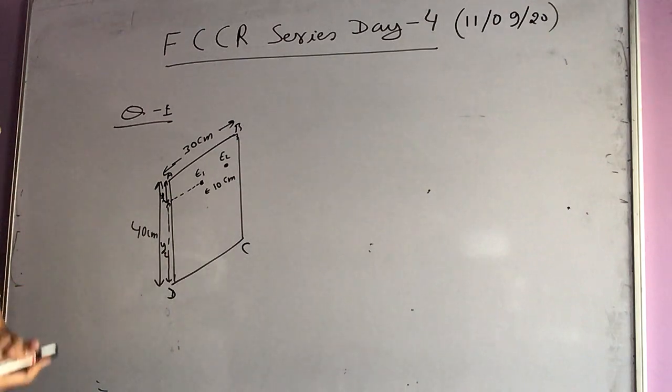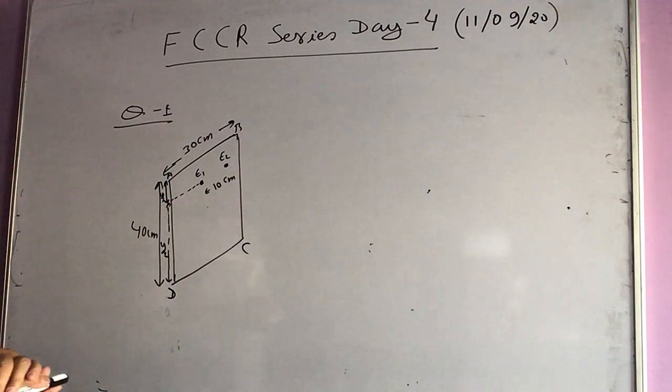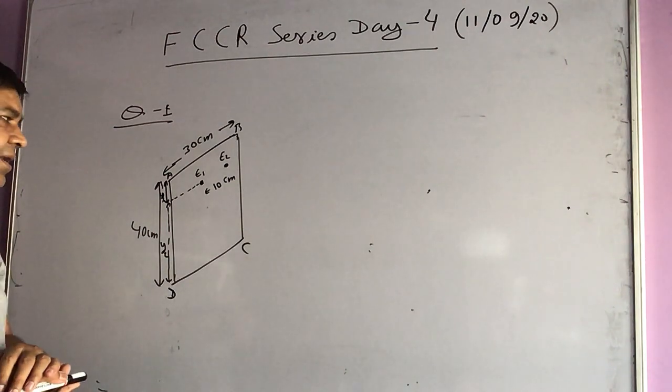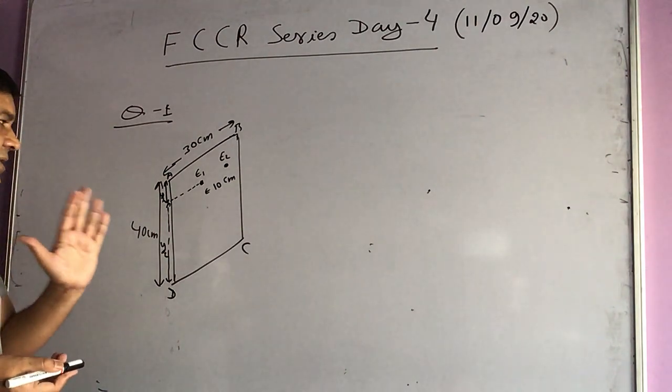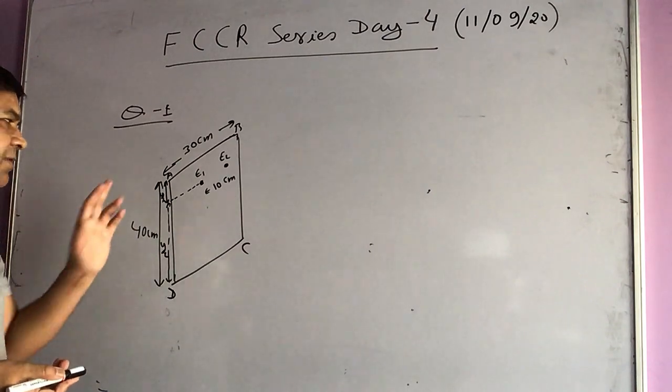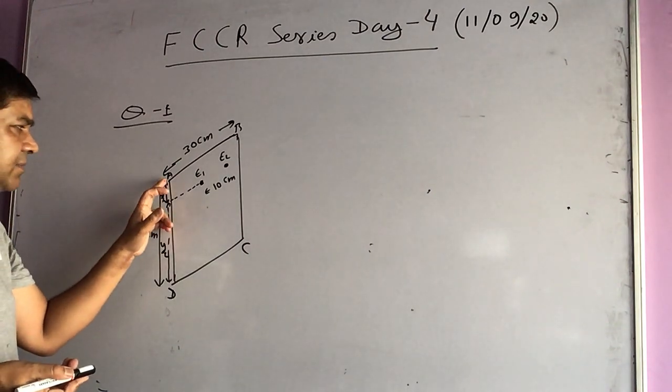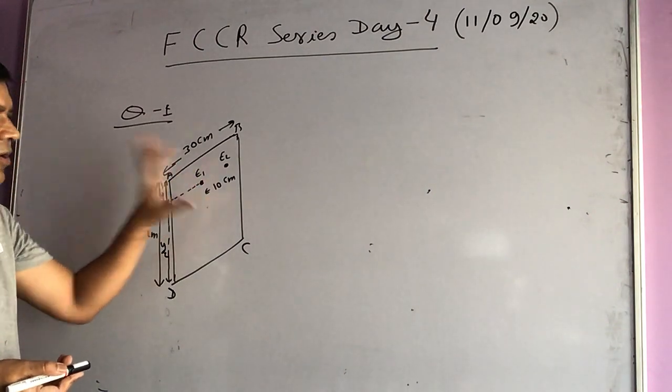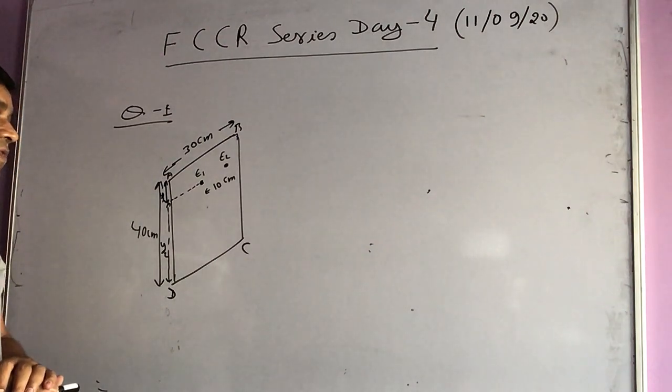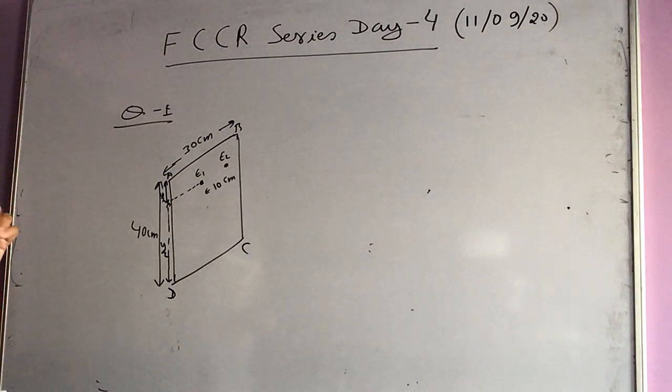If I want to see the image of A, one thing is clear: the height of the mirror that will be required will be the same whether the image of A is seen by E1 or E2, but the width is going to be different. Why?